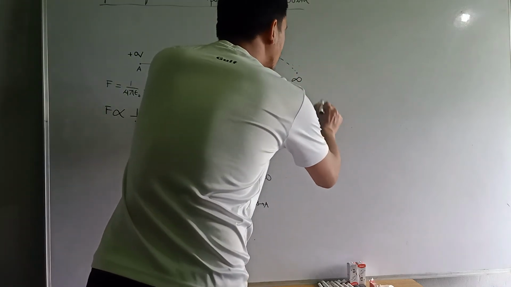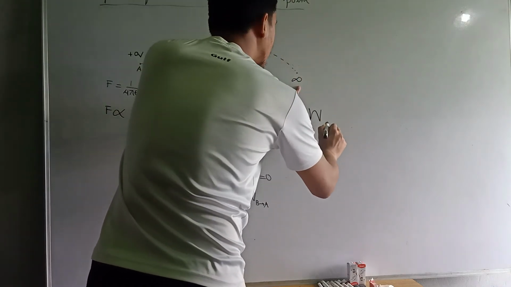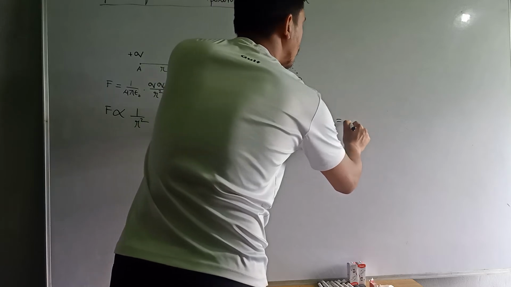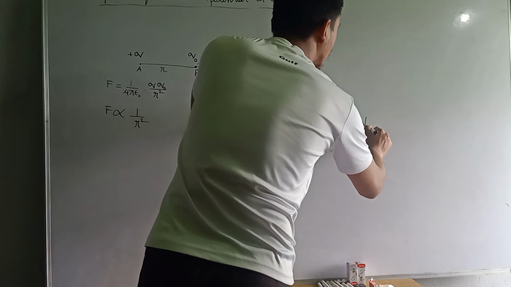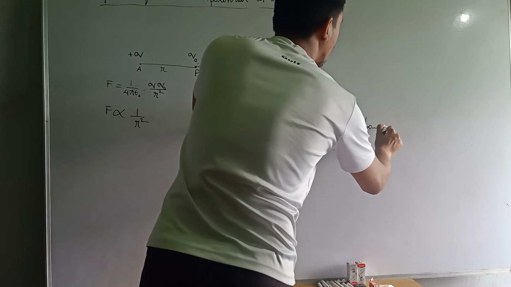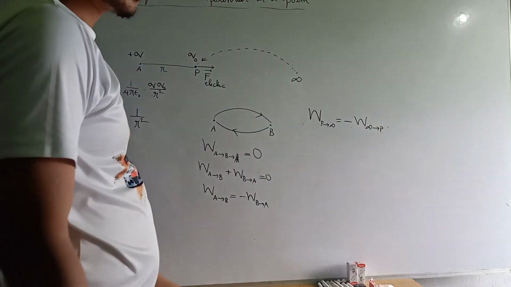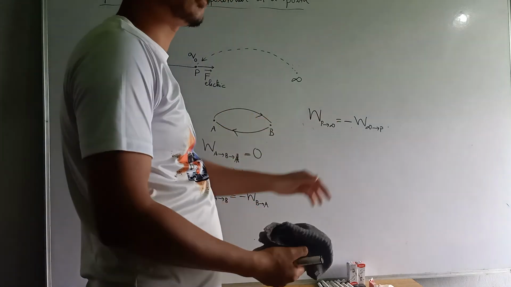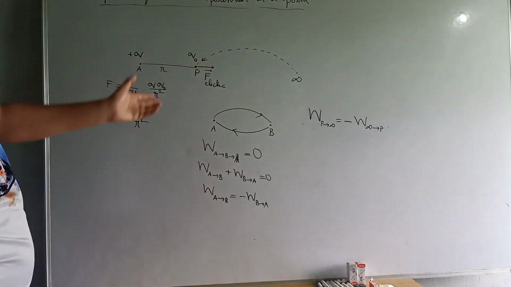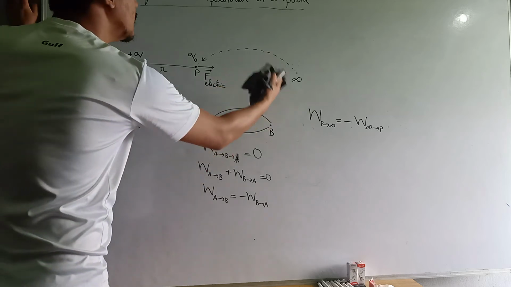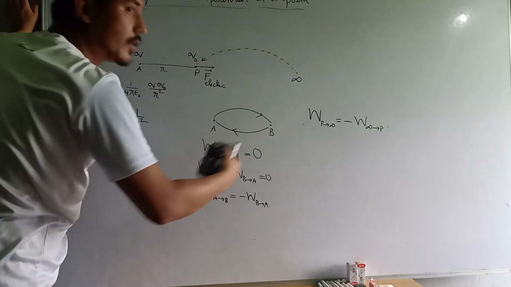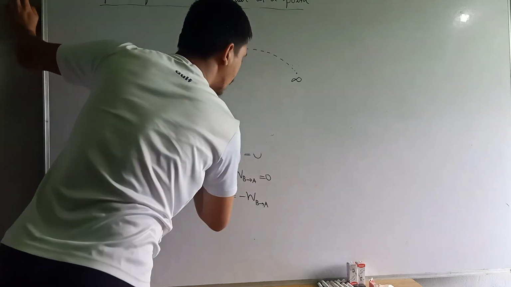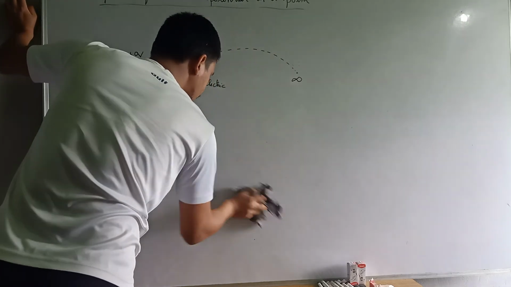That work done will be equal to the negative of the work done in bringing the charge from infinity to P. So using the concept of work done by a conservative force, we can find the work done in taking the body from infinity to P by taking it from P to infinity. Is it okay? Yes. So we are going to use this concept.